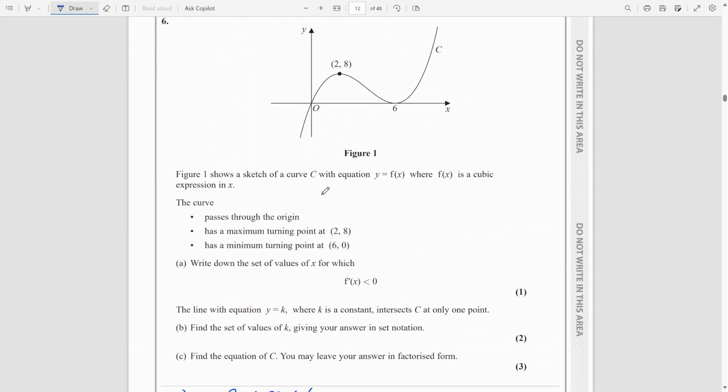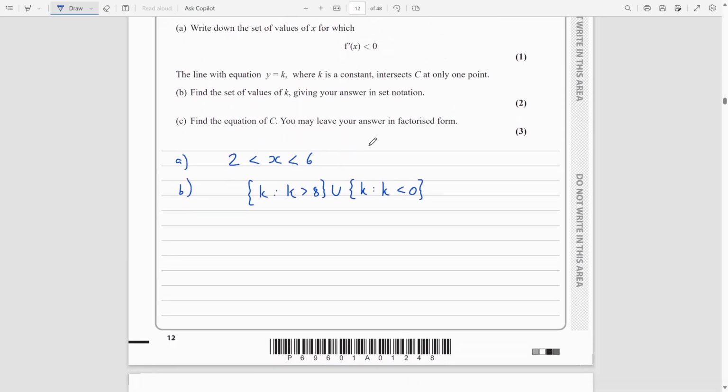All right, so looking at this, what do we know? We know it's got a single unrepeated root at the origin and a repeated root at 6. So that means it's a positive cubic. That means it's going to look something like x minus 6 squared times x.